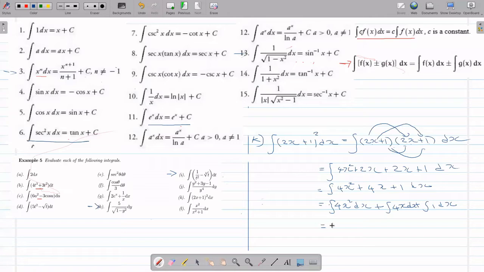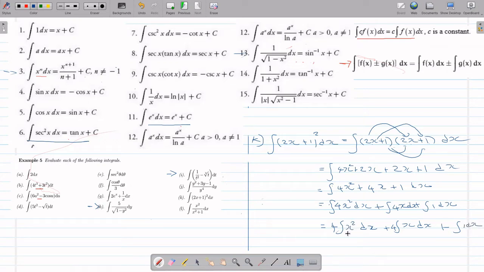So again, I pull out 4. Using the constant multiple rule, I get 2x squared dx. Oh, I can keep this 1 dx also because we have an answer for 1 dx, no?